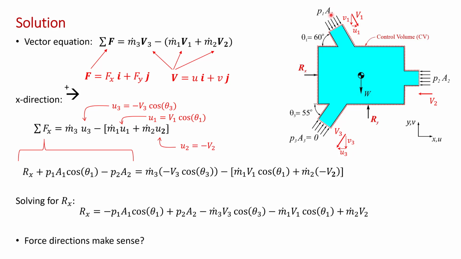The fluid coming in at 1 would tend to also reduce Rx, so it makes sense that it's negative. And if you had a higher velocity of flow coming in at 2, it makes sense that it would tend to increase Rx. So that is a positive sign, which makes sense. So our signs look okay, and we can move on and look at substituting some values.